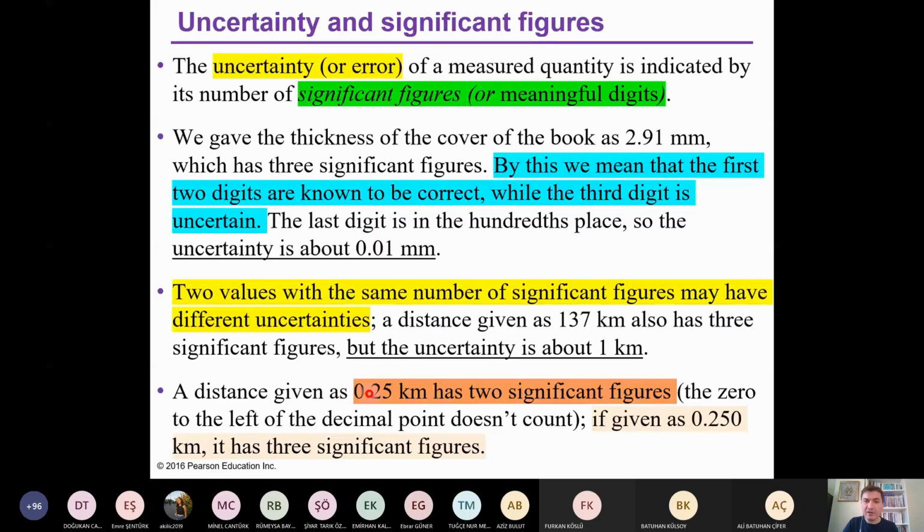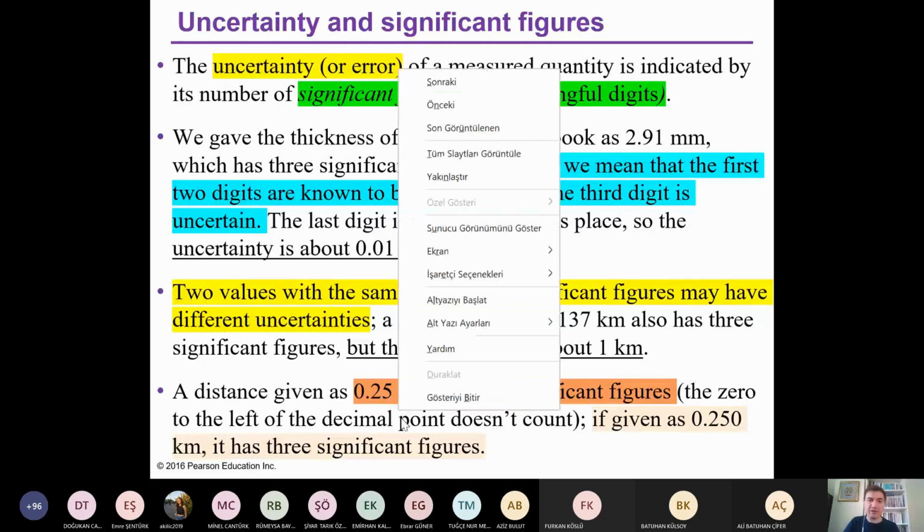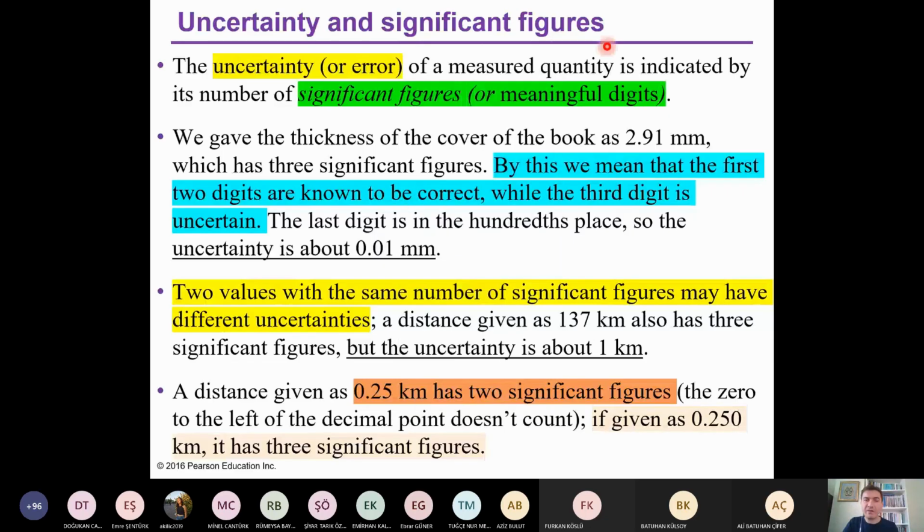Okay, so if this number is given by 0.250, then we have 3 significant figures. Okay, uncertainty is given by 0.001. Here uncertainty is 0.01. Okay, so these are the uncertainty and significant figures, very important in calculations.